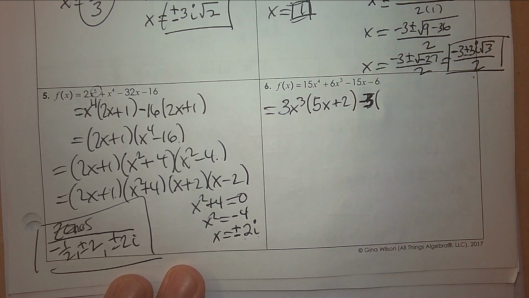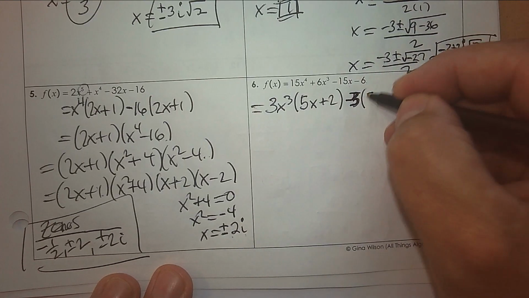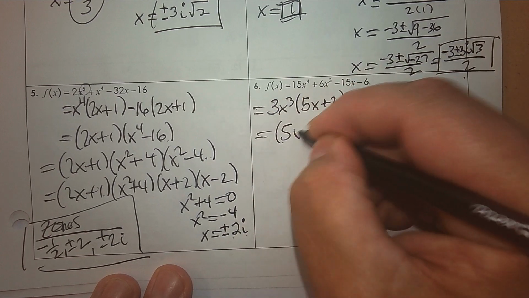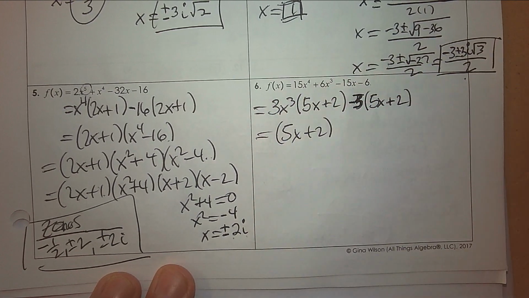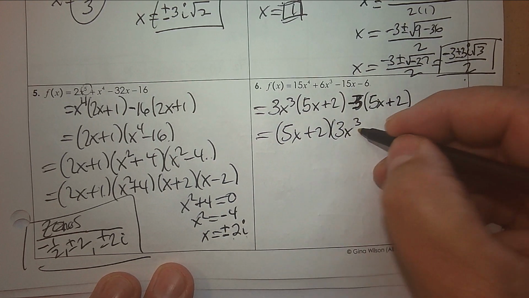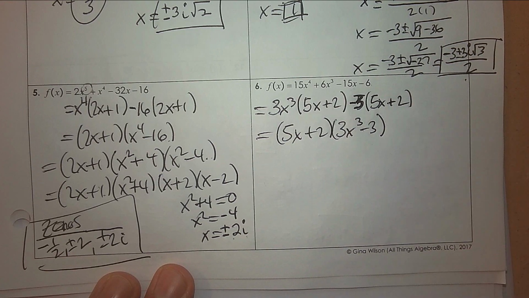Factor out a negative 3, and you get 5x plus 2. I knew they'd have to match. Felt pretty good about that. So they share the factor of 5x plus 2, and we have 3x cubed, take away 3, left over.